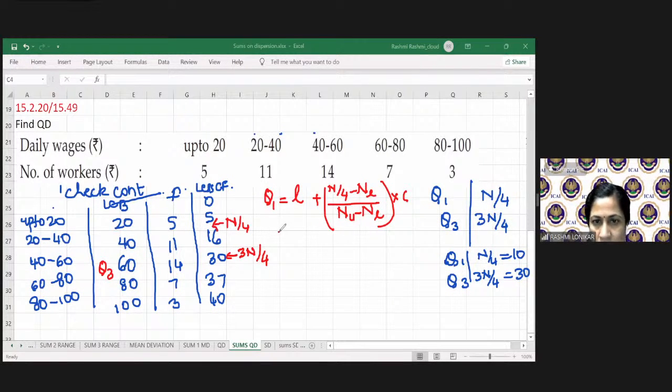So this is 20 plus... I want all of you to try this Q1 and give me the final answer. Once you are able to do this, we will not have any issue. Yes, please find the answer and let me know.